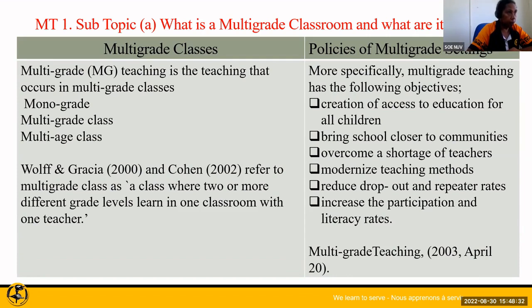The aims of multigrade settings are: 1, the creation of access to education for all children. 2, bring school closer to communities. 3, overcome the shortage of teachers. 4, modernize teaching methods. 5, reduce dropout and repeater rates. And 6, increase participation and literacy rates. This is according to Multigrade Teaching 2003.